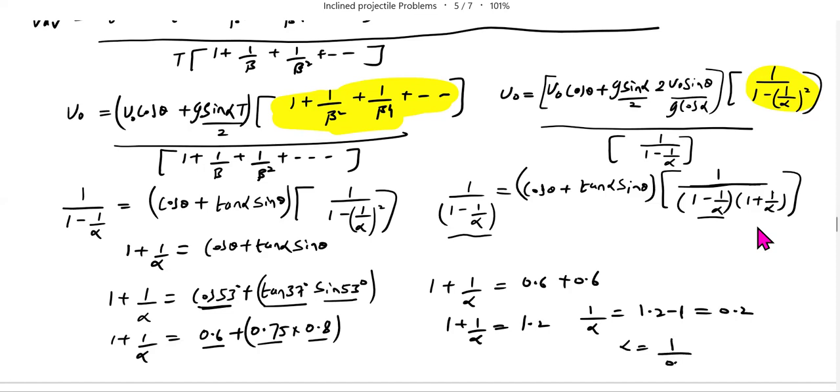Alpha is 1 by 0.2, 10 by 2, 5. So therefore, the alpha value will be equal to 5. This will be your answer.